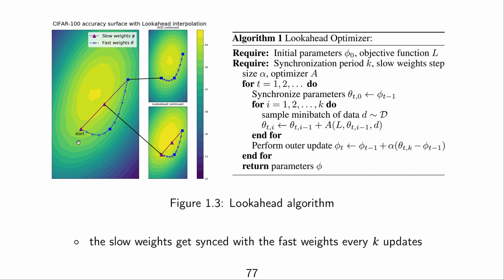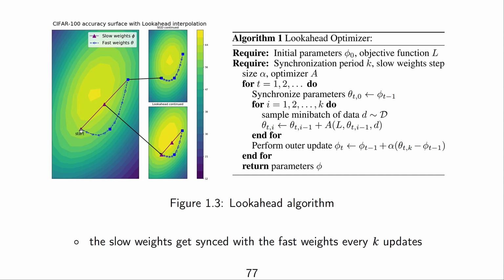Lookahead can nicely be explained just using a figure. What we're doing is we have two sets of weights that we maintain, the slow weights and the fast weights. Fast weights refer to what's shown in blue, and the slow weights to what's shown in this color, let's call it purple.